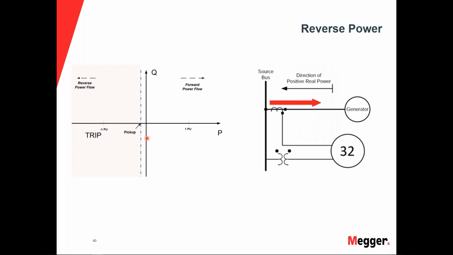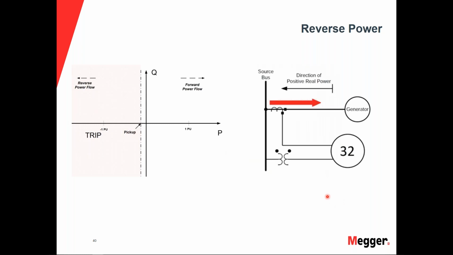If we're in zone 2 of loss of field, that time delay could be long enough that the impedance would actually swing over and we would be into reverse power, because it's just kind of a race.